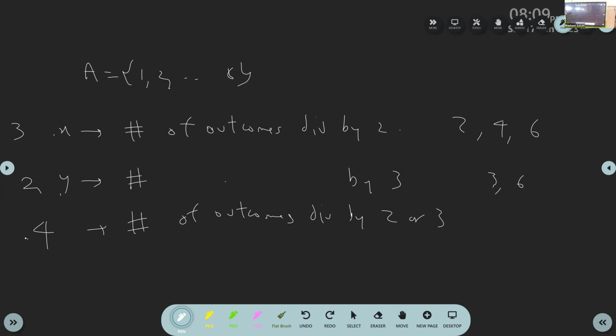So why can't we just add them? Because 6 is common, right? If I draw the Venn diagram of this, what will it look like? The first set X and then Y. 6 is common to both, right? 6 is over here, and here you have 2 and 4, and 3, and 1 and 5 are outside.